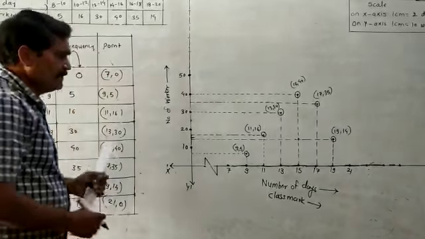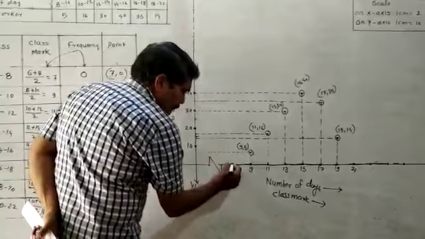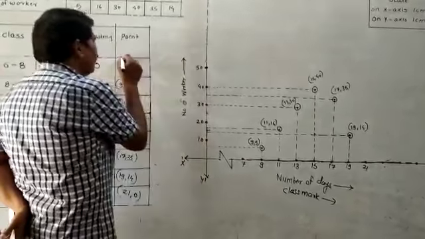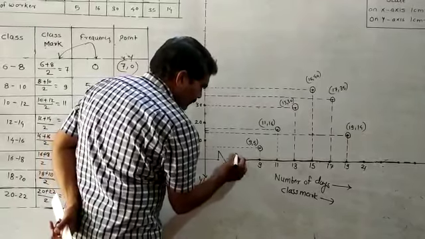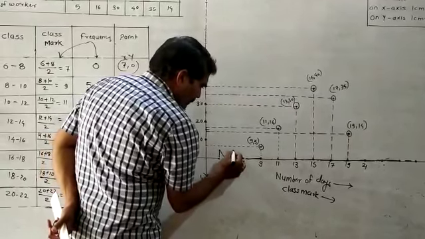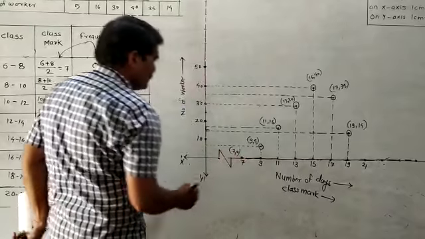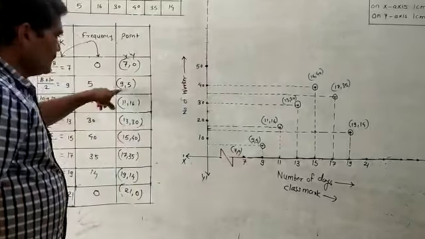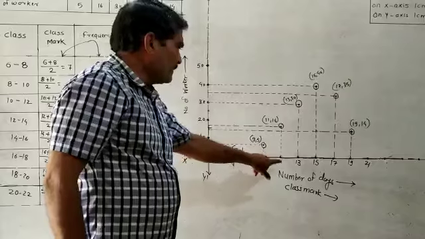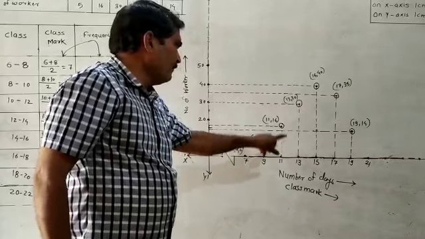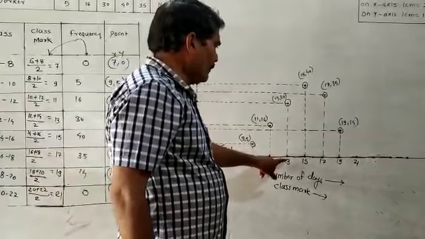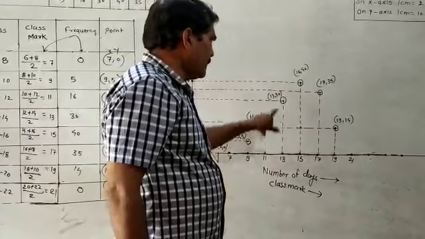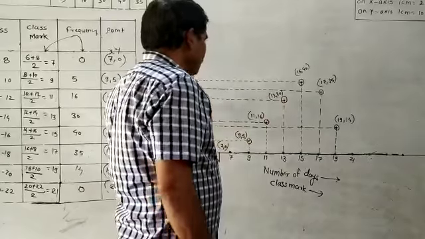First point is 7, 0. On the x-axis you have to go to 7 and on the y-axis you have to go to 0. At that time I will write the coordinate of this point 7, 0. Next point is on the x-axis 9 and y-axis 5. Next is on the x-axis 11, y-axis 16. The next point is on the x-axis 13 and on the y-axis 30.